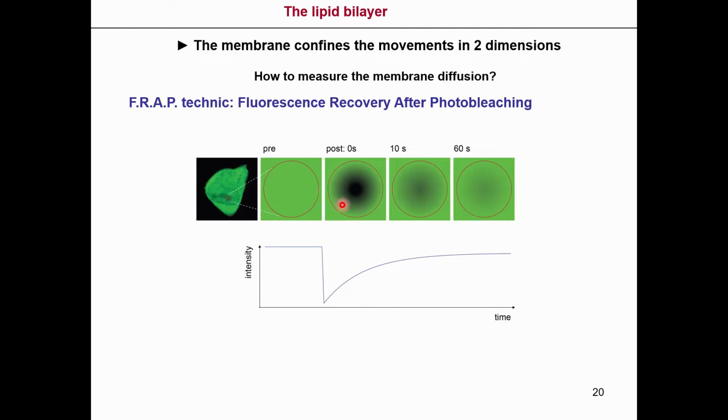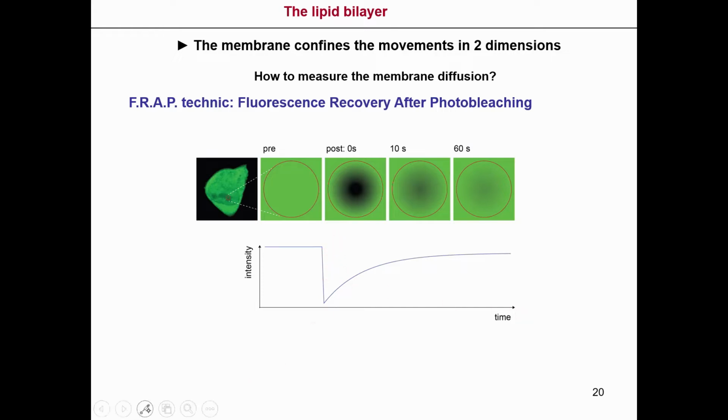So at time zero, you will not have any fluorescence because of the photobleaching by the laser. But after that, because you have membrane diffusion, it means that you have movement in 2D in the membrane, you will recover the fluorescence. So we will measure the fluorescence intensity against time.